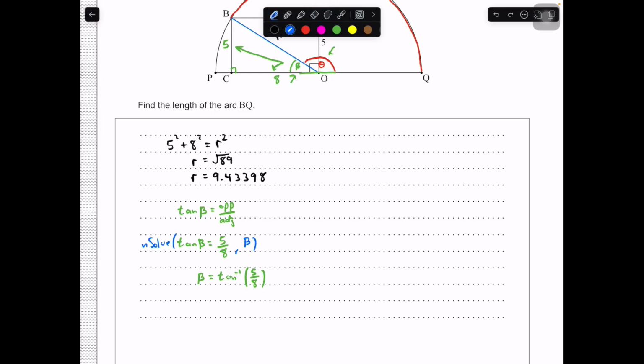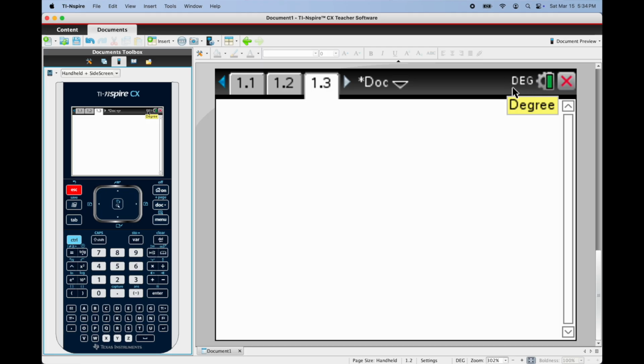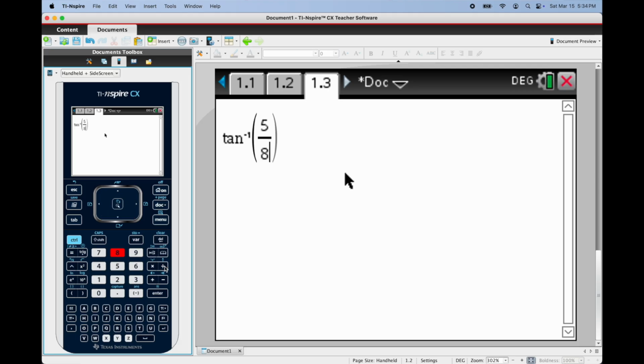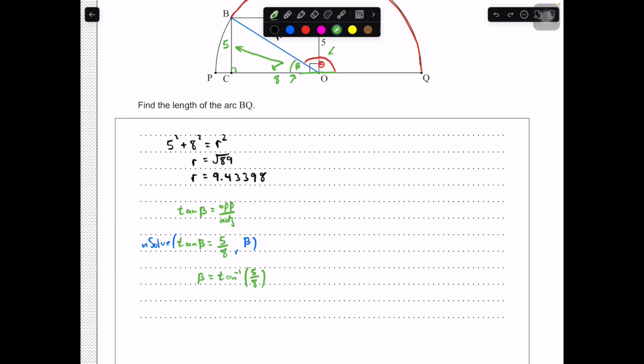All right, I'm actually going to work it out on the calculator here, just because I think it's always helpful. Make sure it's in degrees and not radians. All right, let's go tan inverse, and then we'll set up a fraction of 5 over 8. All right, 32 degrees, and I think that's pretty decent. 32 degrees is fine. Okay, let's go back to the document.